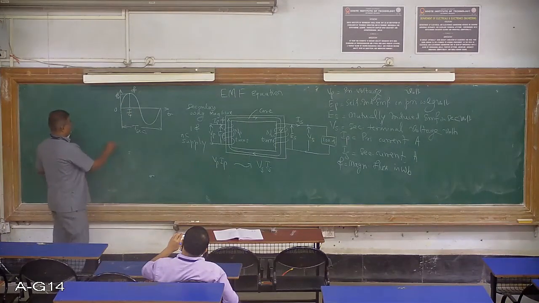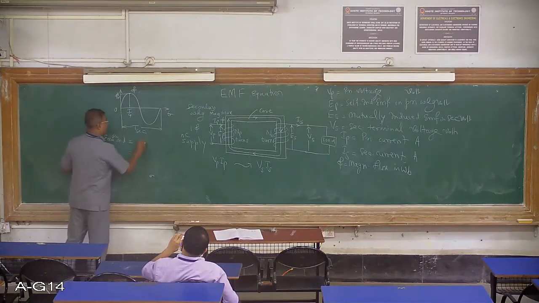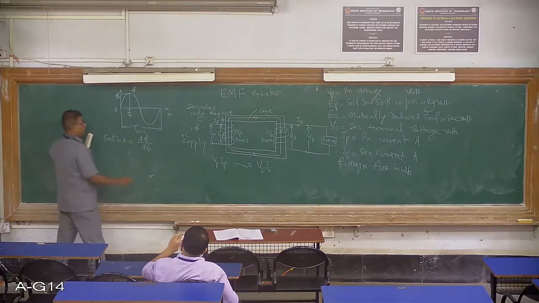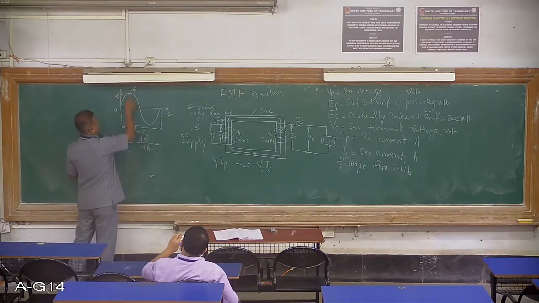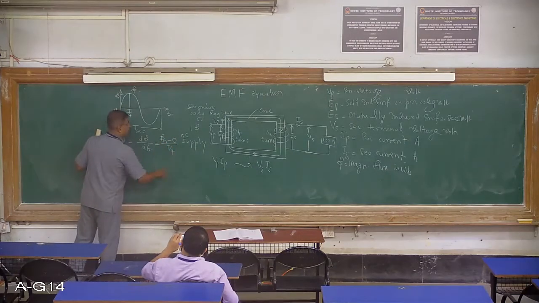So the EMF induced is given by d phi by dt in general. D phi is the change in flux, which is from 0 to phi m within a time T by 4 seconds.